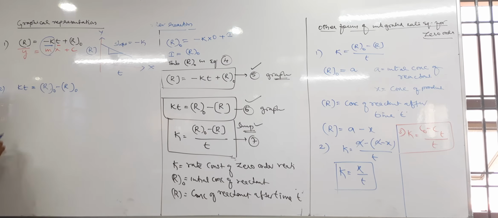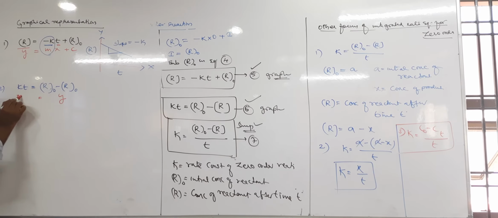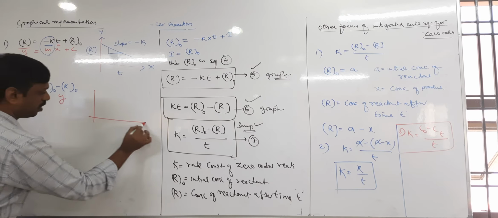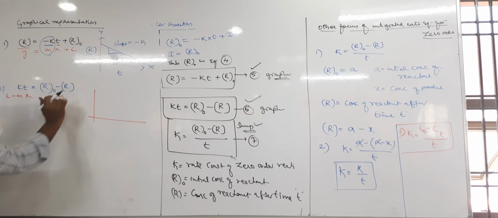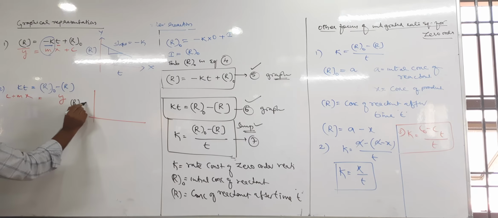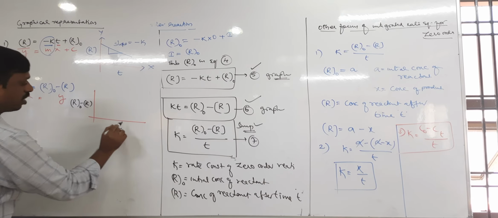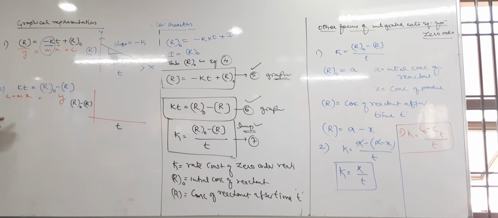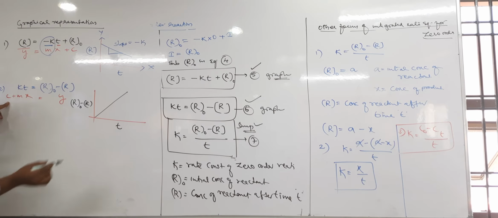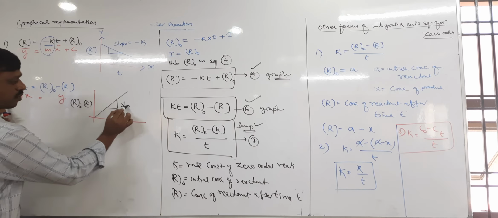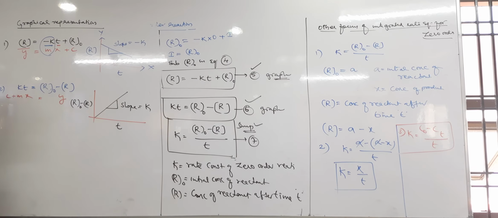It is y equal to mx plus c, no. Now tell me, a graph is plotted between, on the y axis you can take R naught minus R, t on the x axis. Now the intercept is 0. When the intercept is 0, it passes through the origin, and what is the slope? K.